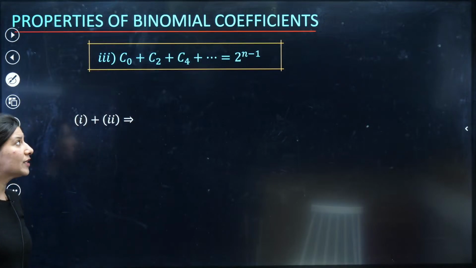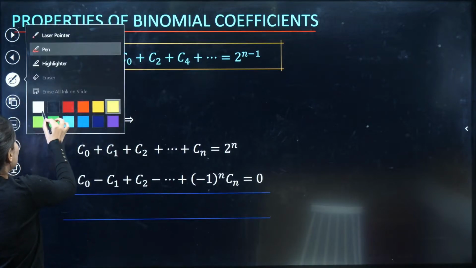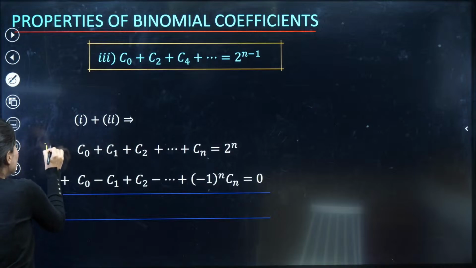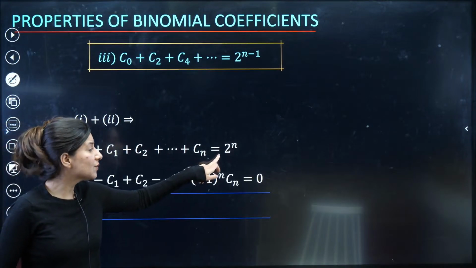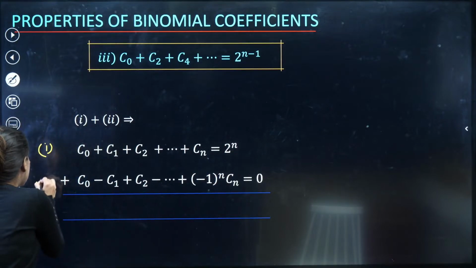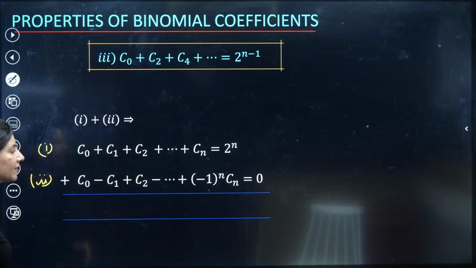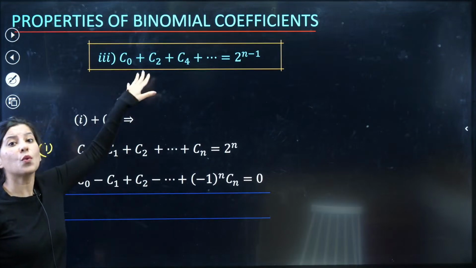What is the first equation? It is the same thing only. What is the first property? That C0 plus C1 plus C2 all the way up to Cn is 2 raised to power n. This is your first property. This is your second property, when you have alternate negative signs. Now, if you add these two, C1 and C1 will get cancelled out, and that's what you want. You don't want C1.